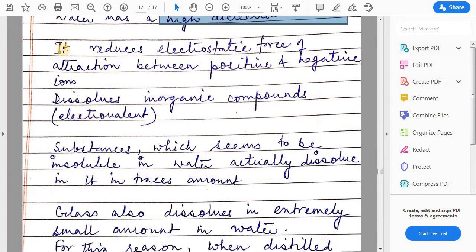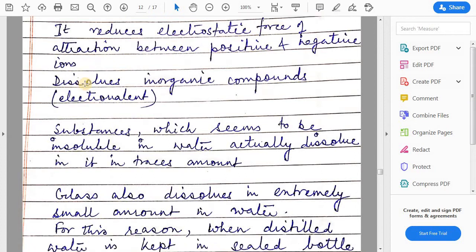So, water reduces the electrostatic force of attraction between positive and negative ions of the dissolving compound or solute. It dissolves inorganic compounds which are electrovalent or ionic in nature. You just learn the terms.